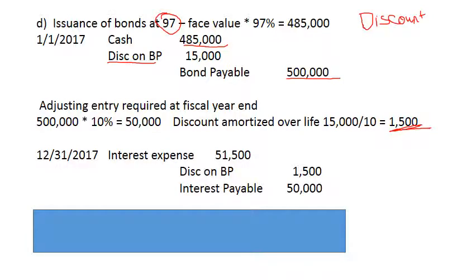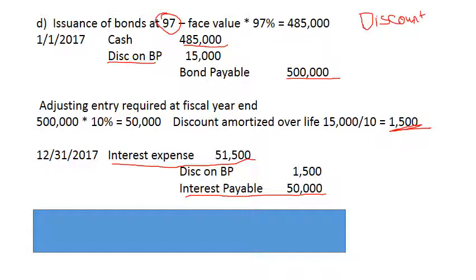So at December 31st, we're going to show the interest payable at $50,000, but we have to amortize the discount at $1,500. So the bond interest expense is going to be the combination of the $50,000 of interest payable and the $1,500 of the discount that's being amortized to give us interest expense of $51,500.